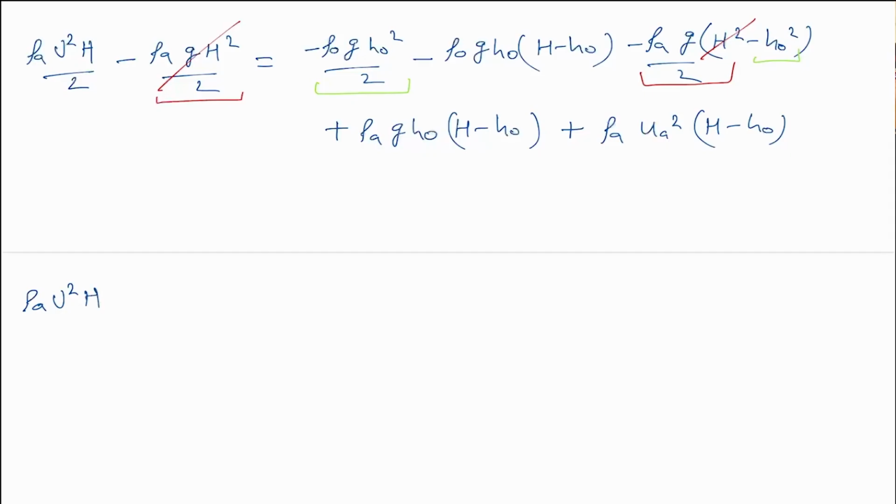U square H by 2 is equal to minus g h naught square by 2 (rho naught minus rho a).